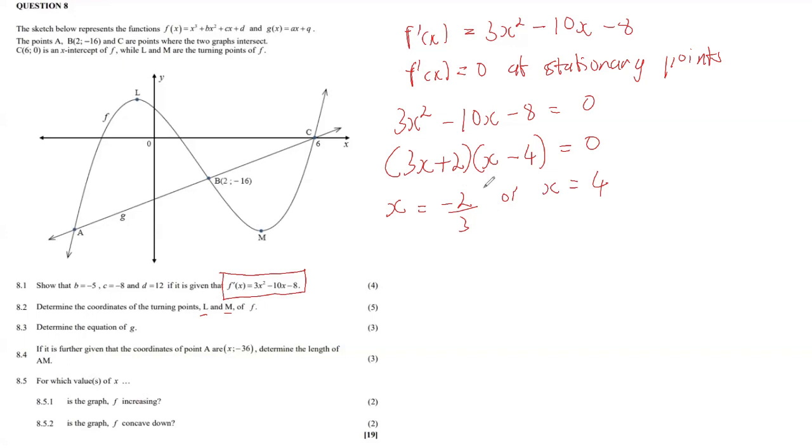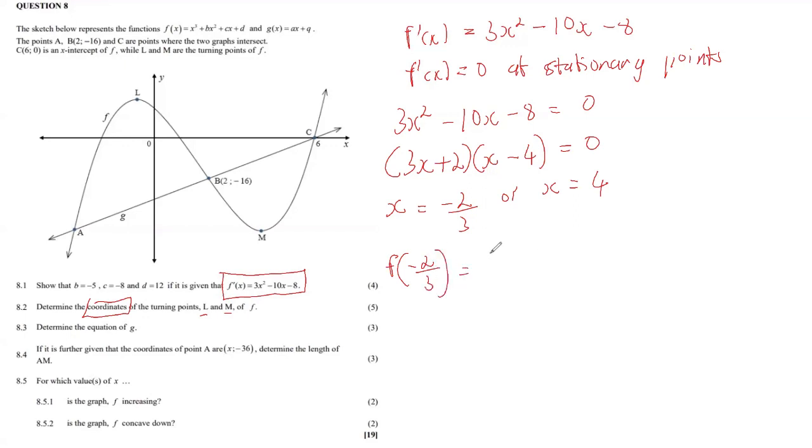Right, so in order to find the y coordinates of the turning points, because remember they said the coordinates, so they are looking for the x coordinate and the y coordinate. To find the y coordinate, remember, we go back to the original equation. This is where we substitute our negative 2 over 3 into the original equation.